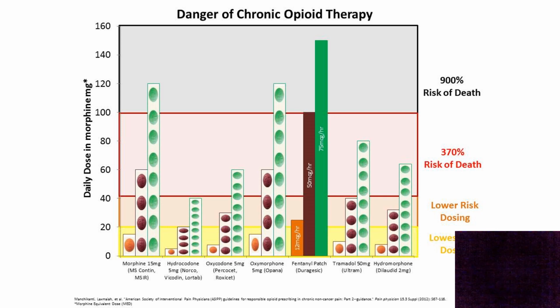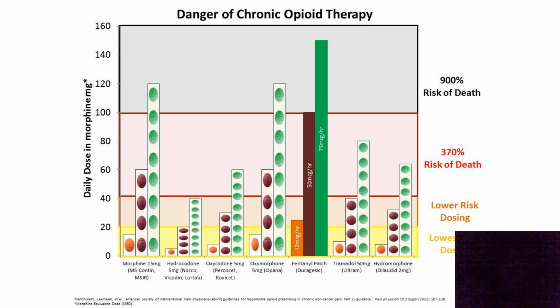Now you can see very quickly with something like MS-Contin or oxymorphone, you can very, very quickly hop over that 40 milligrams per day and increase your risk of sudden death by almost 4-fold. So between that 40 to 100 milligrams per day, your risk of spontaneous, accidental, fatal overdose is about 4 times.